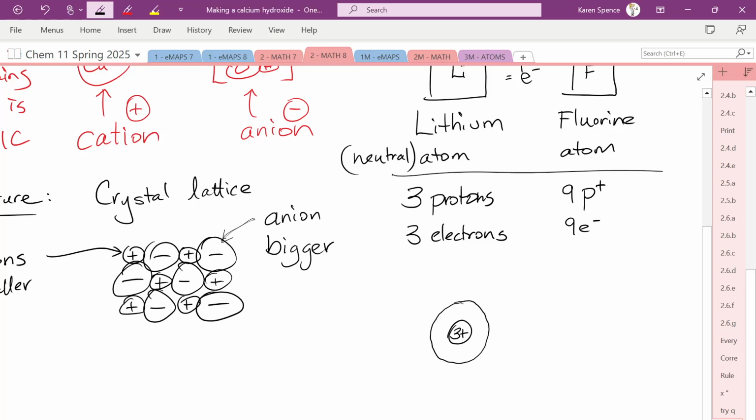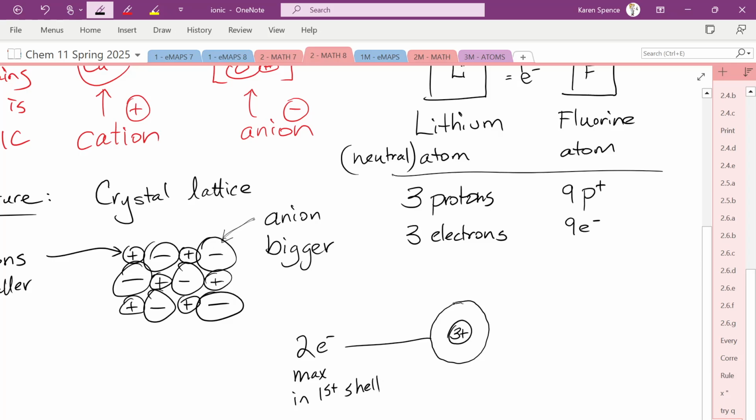Yes, you can also call them energy levels. Okay, that is a shell. How many electrons maximum in the first shell? 2 electrons maximum in the first shell.